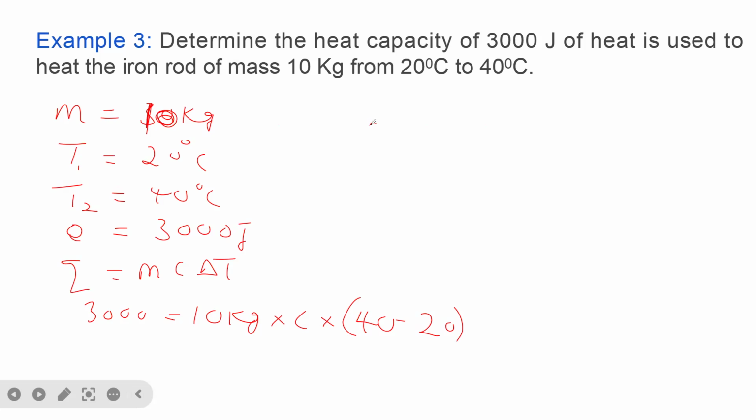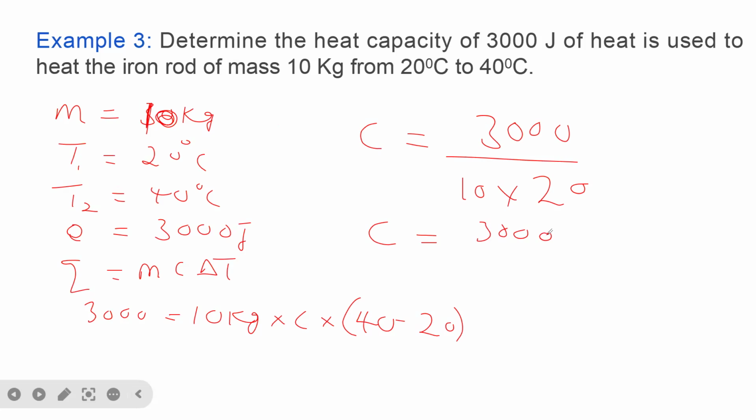So C is 3,000 divided by 10 times 20, which is 200.